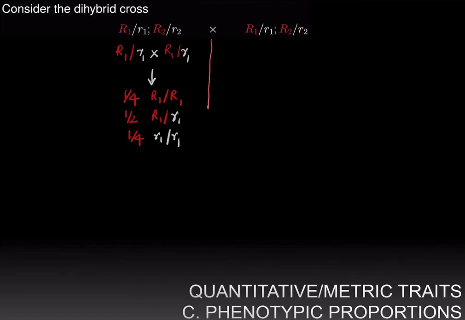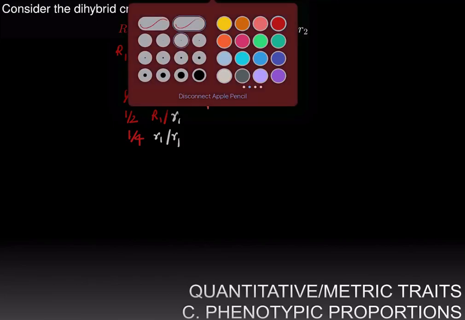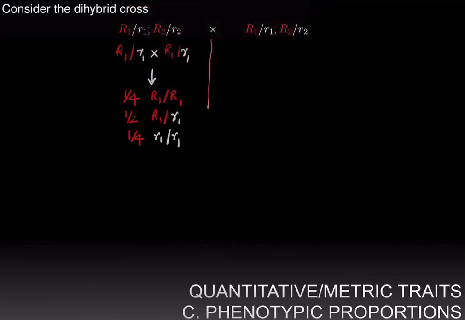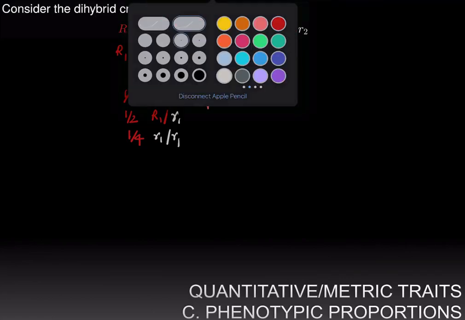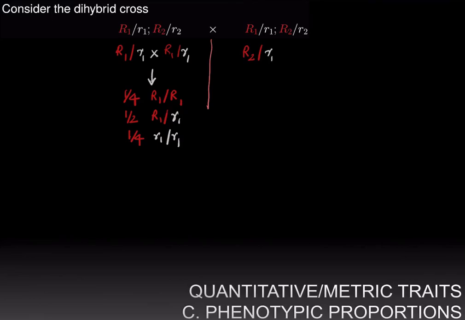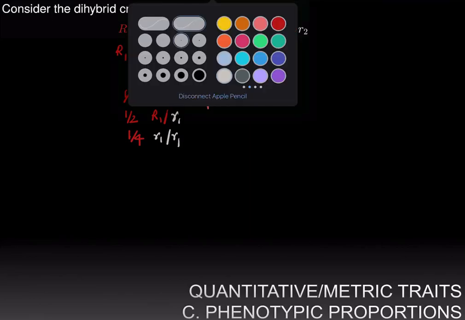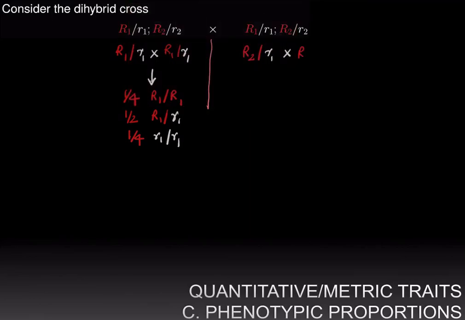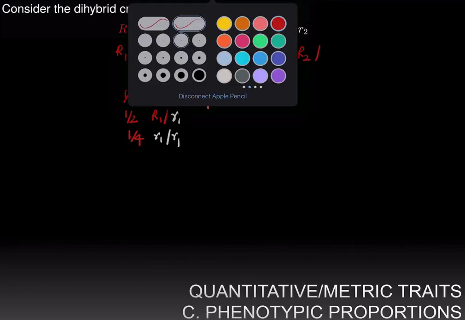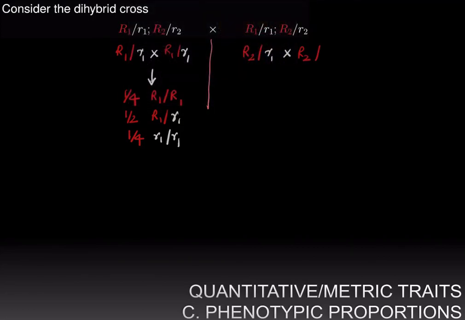And the second trait is going to be very similar, and so I have the het big R2, little r2 crossed to a big R2, little r2 individual.